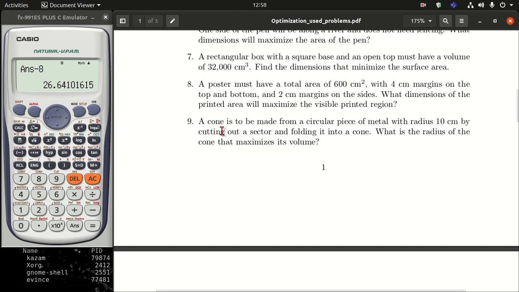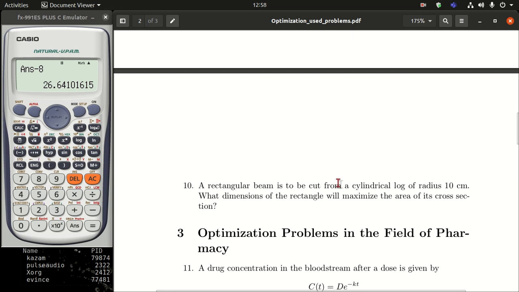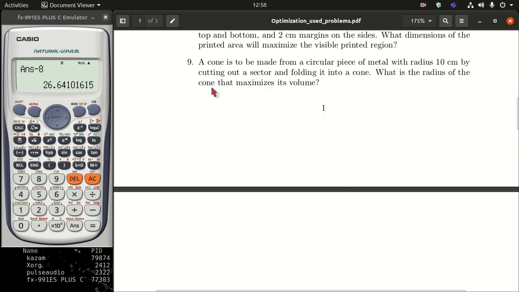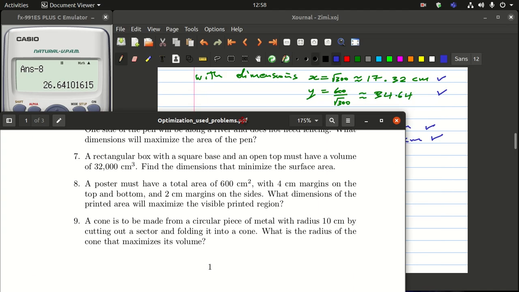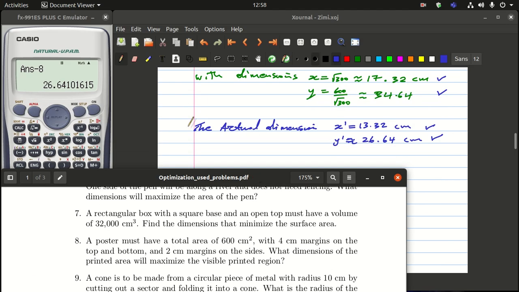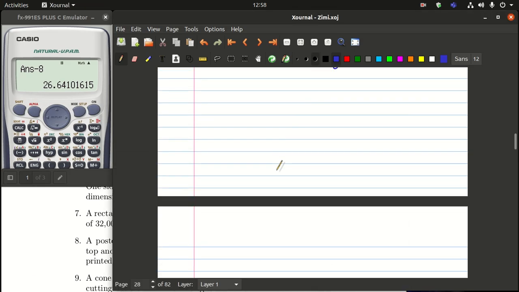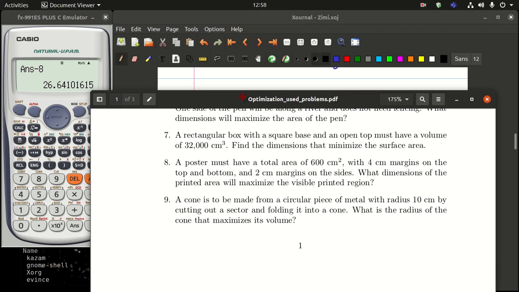Now we wanted to deal with number 9 and number 10. Number 9 is saying, a cone is to be made from... wait, number 9, right? Let me go a little bit down. So we're having number 9 here.